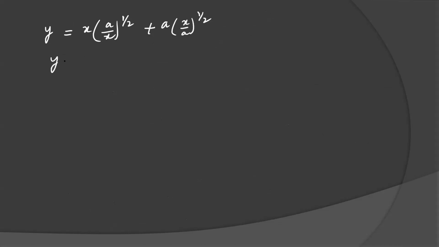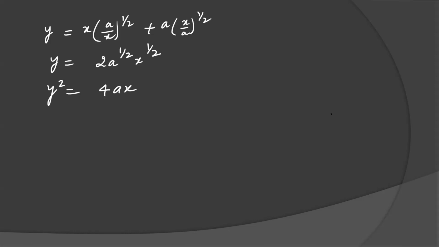So your y is going to be twice a to the power 1 by 2, x to the power 1 by 2. Take the whole square both the sides. So this is a parabola actually. So equation of the envelope is parabola for these type of equation.